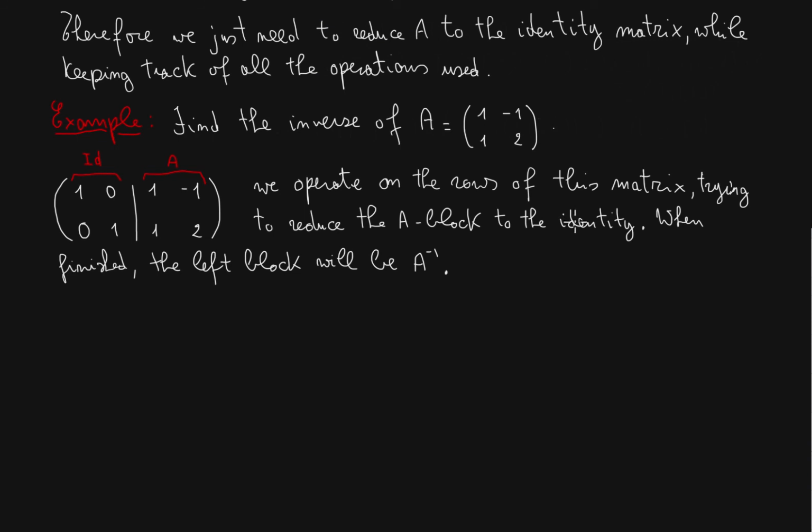We operate on the rows of this matrix, trying to reduce the A block to the identity. When finished, the left block will be the inverse matrix of A.